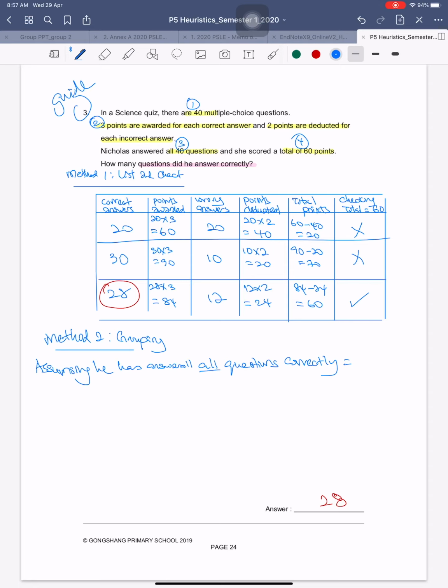Remember I told you question 3 and 4 are very different from 1 and 2, alright, by using the same method to guide you. So if he would answer all questions correctly, 40 questions, each question is 3 marks, he will actually get 120 points. Okay, and I want you to know that this is the maximum he can get for the whole paper.